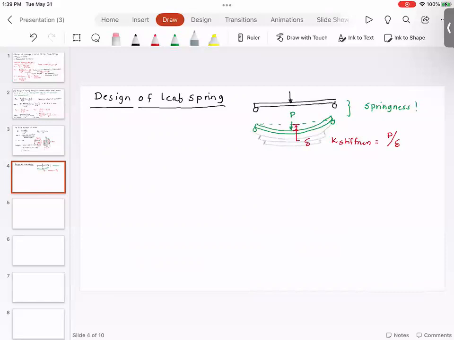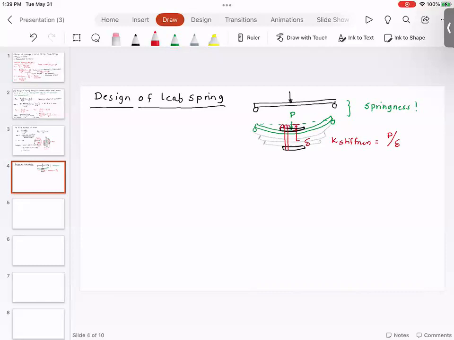So what happens is you have the main leaf, then you have additional leaves, and now you need something to keep these leaves together. So what you have is a central plate. And this central plate usually is held in place by bolts.